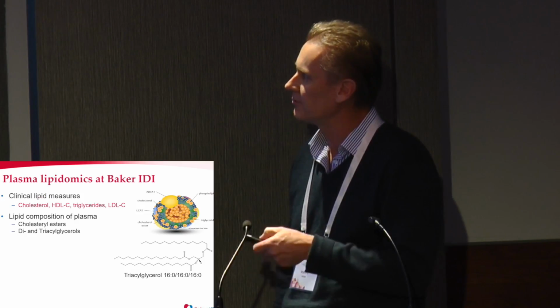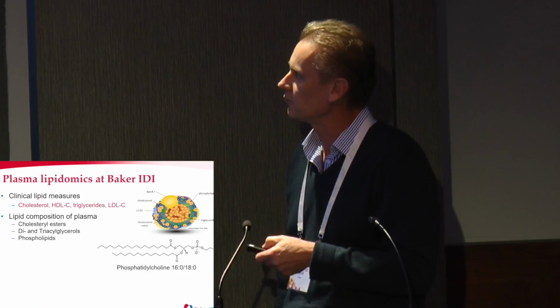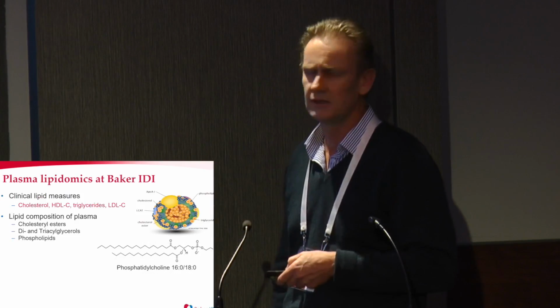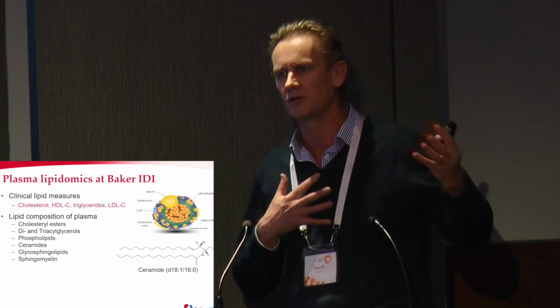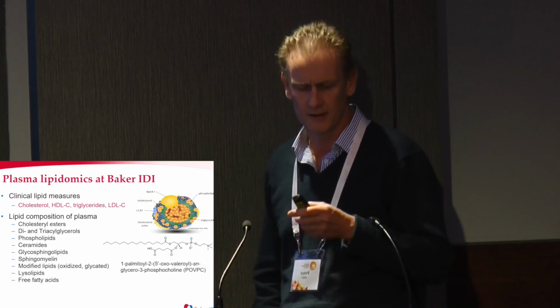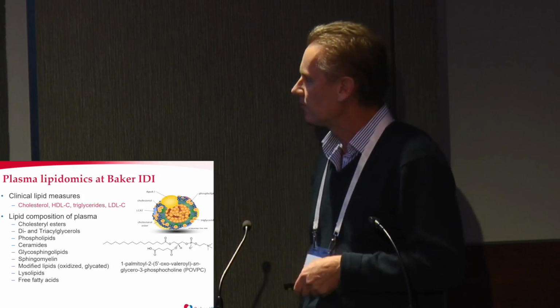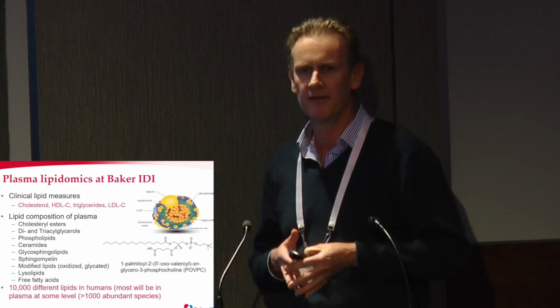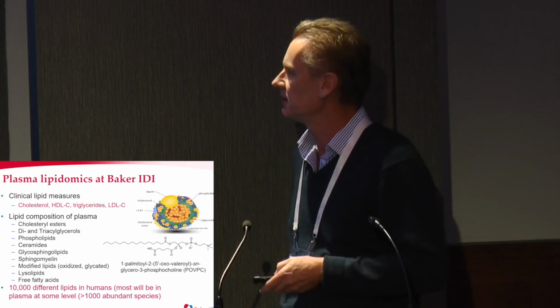These include phospholipids, and they make up the bulk of the exterior, but there's a whole range of sphingolipids that also are present within or on the surface of these lipoprotein particles. And then there's a range of other lipids that might be oxidized or glycated and so on. And the list literally goes on and on. Overall, probably 10,000 or more individual lipid species are present in humans.